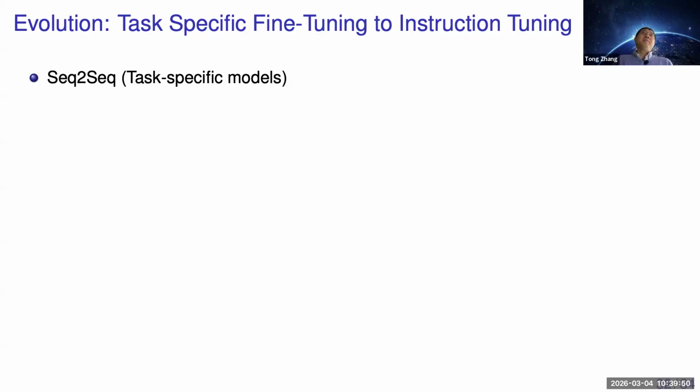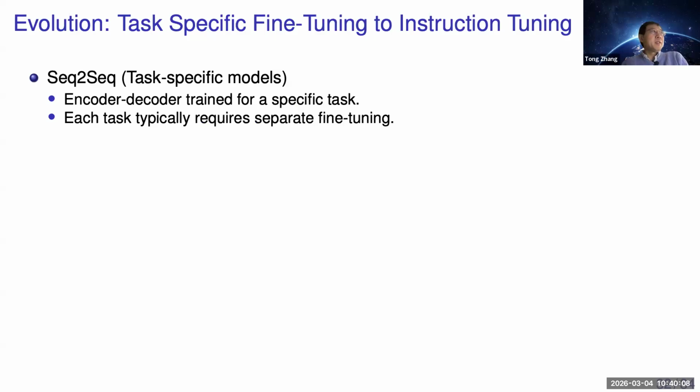They will say pre-training. At that time, pre-training and fine-tuning was established, but pre-training for task specific. Seq to seq, task specific models, encoder decoder trained for a specific task, right? This is one example. Each task typically requires a separate fine-tune. So then you need a lot of different models for different tasks. That's the older thinking.